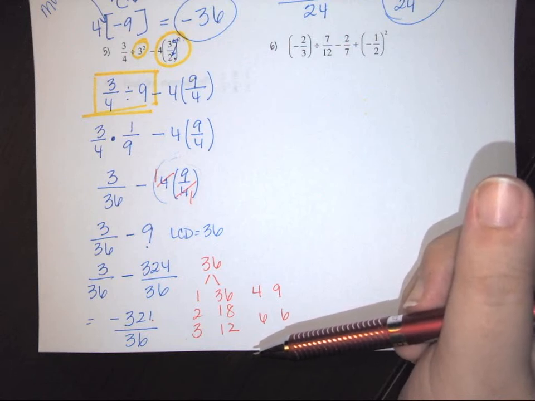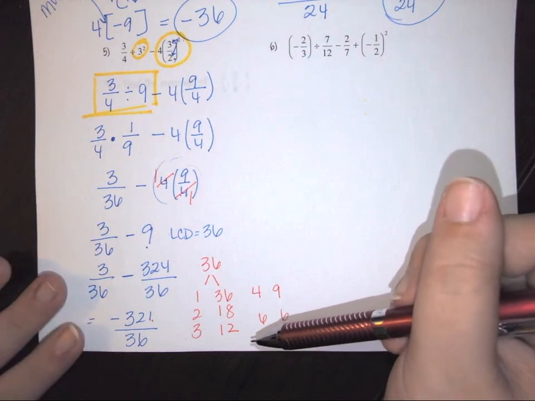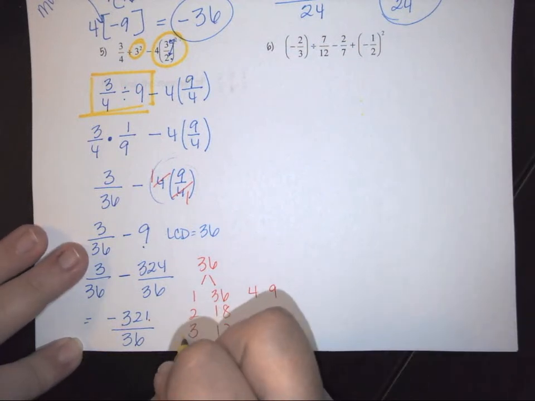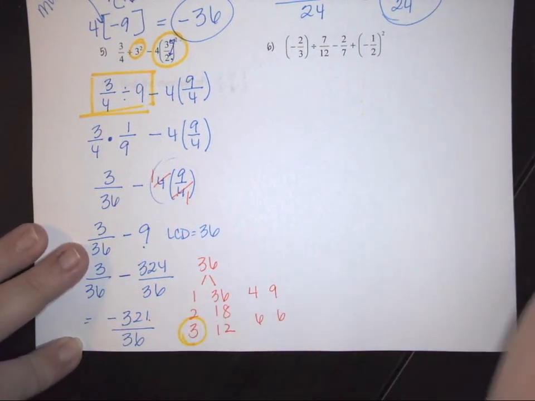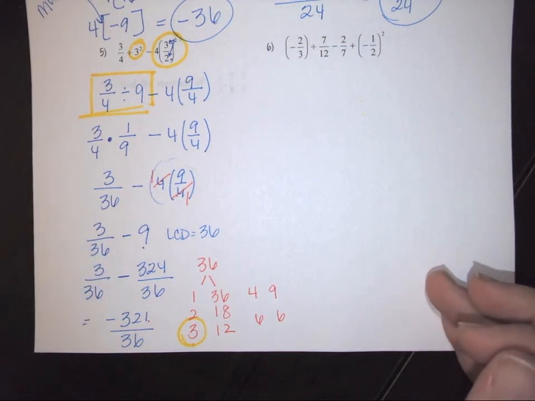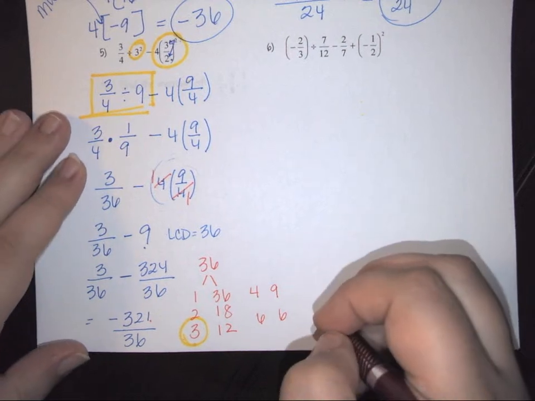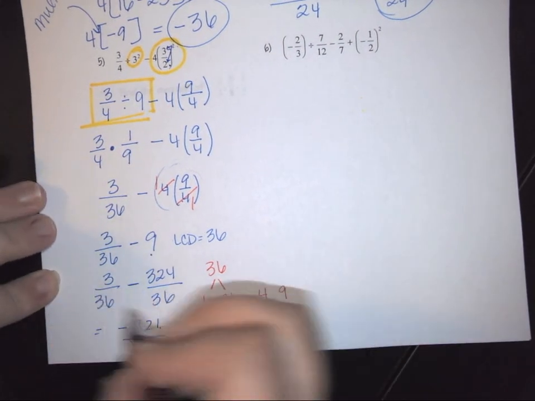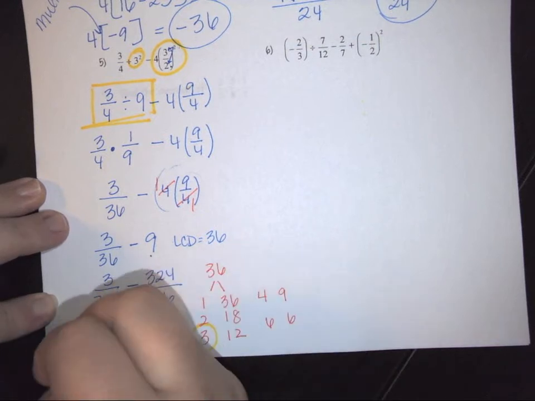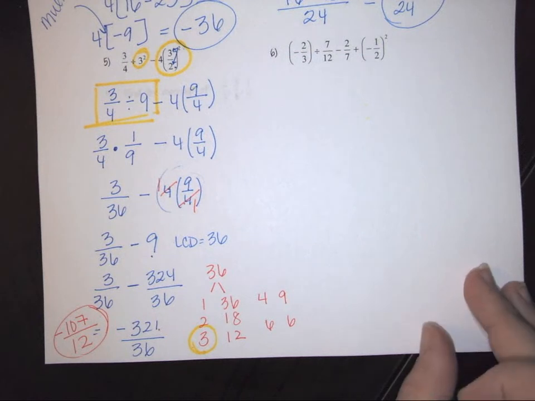Whereas it's not always the case that you wouldn't get an odd number as a result, it's definitely a majority of the time. So I'm looking at 3 being the only thing that I can reduce by. In this case, when I divided my 3 out, I'm left with 107. Therefore, my reduced answer is negative 107 divided by 12.